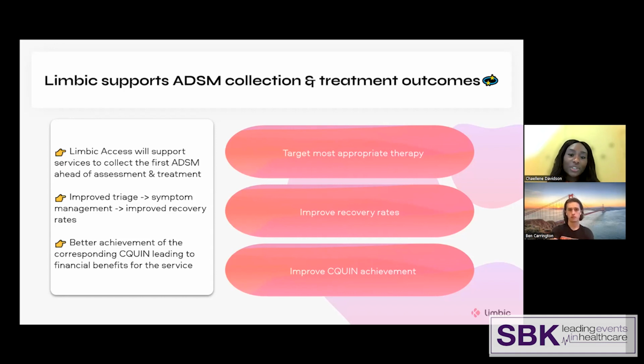So I hope the information to date has helped to tell you, firstly, about what our new product feature update is, to talk to you about the link between ADSM collection and treatment outcomes, and then to really show you how the Limbic Access chatbot will be driving towards that improvement in treatment outcomes.